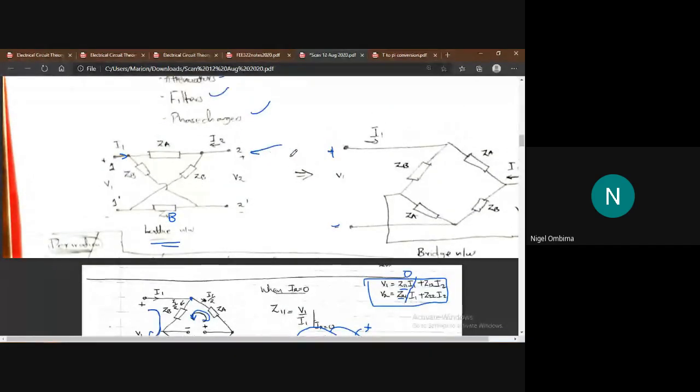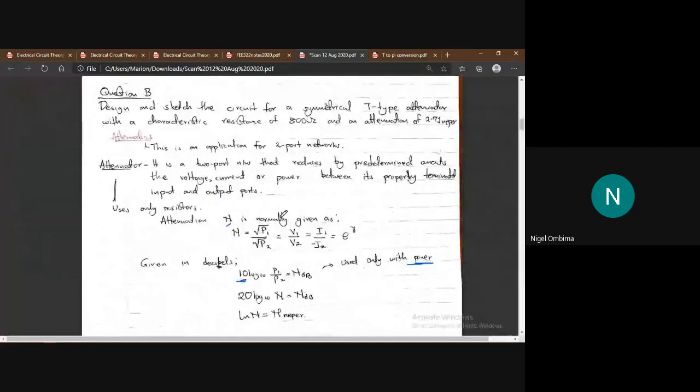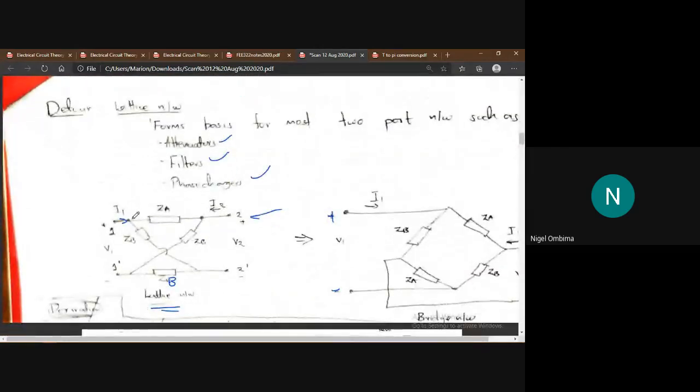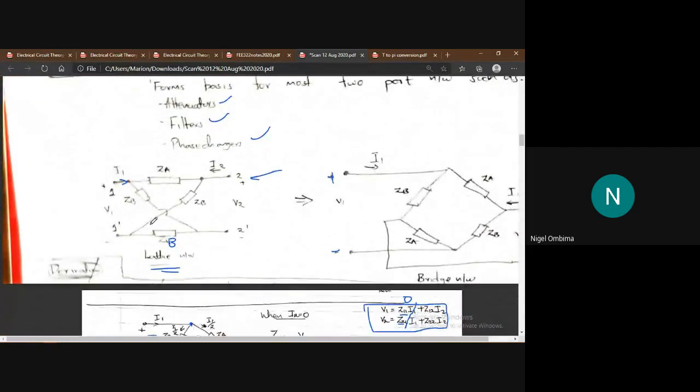They come from this lattice network yenye nilionyesha before. This one, a lattice network, an attenuator mostly can be made from a lattice network, and lattice networks in attenuators are reciprocal. So ZA, these are the series arm impedances, and ZB, the diagonal impedances.